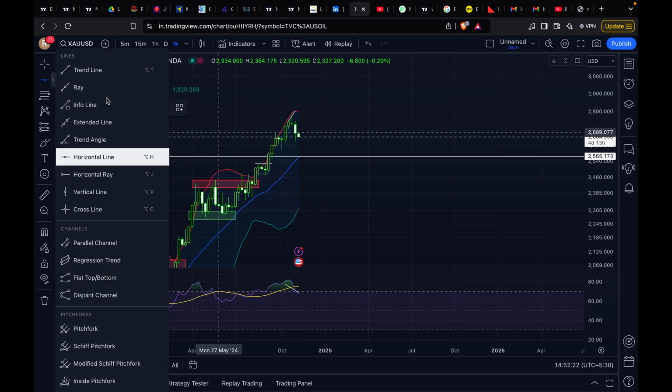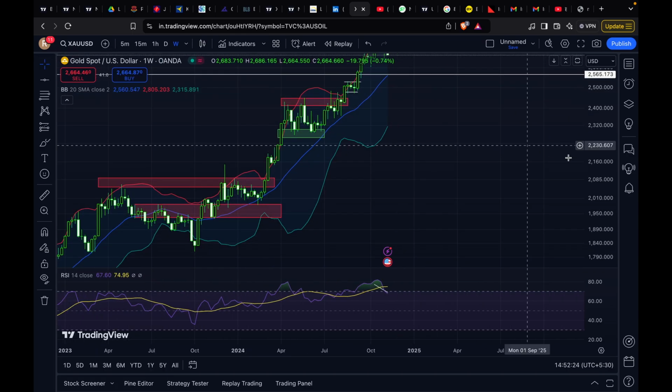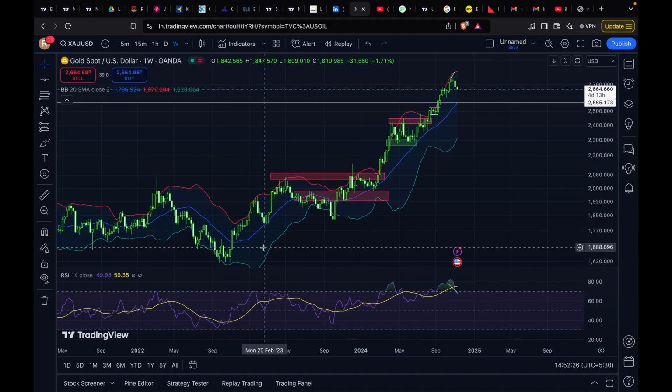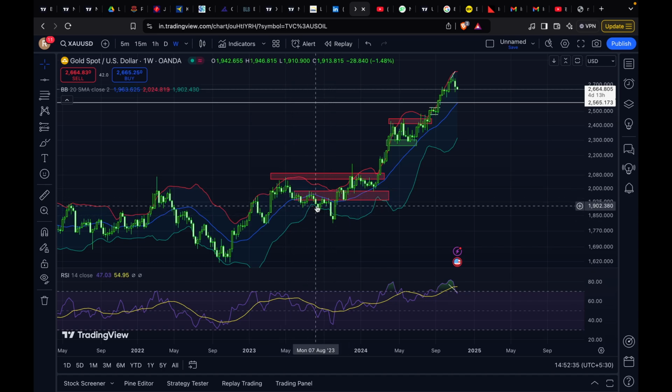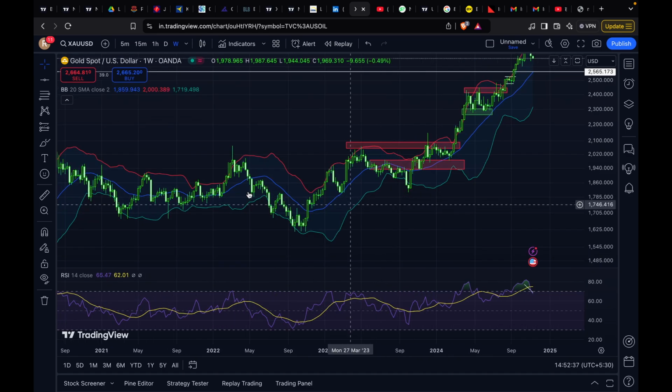If you just go into the past and you look at the corrections which have happened in gold, after this candlestick pattern which we have just observed, gold either hits the lower Bollinger Bands, or at the bare minimum it will touch the weekly moving average.